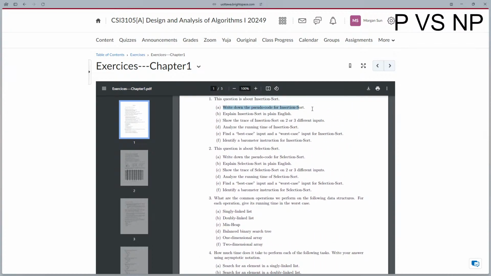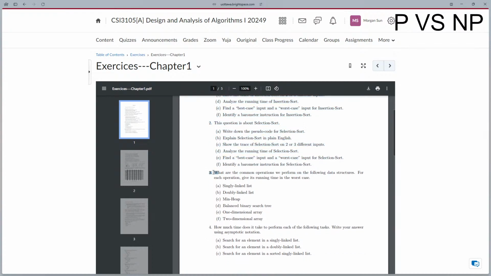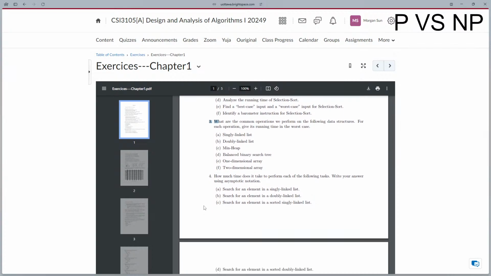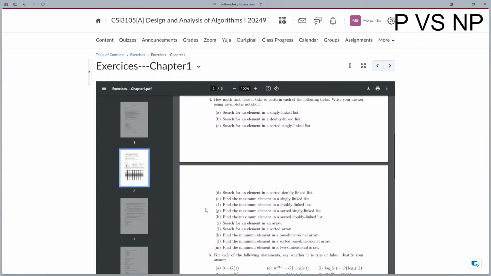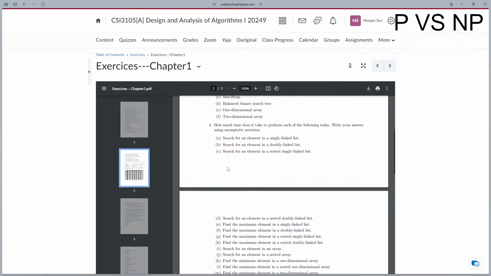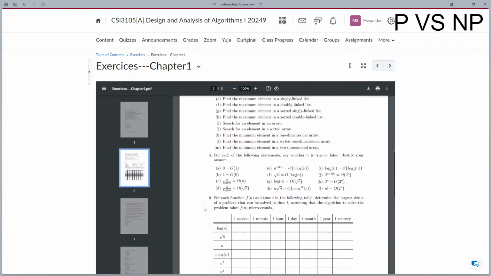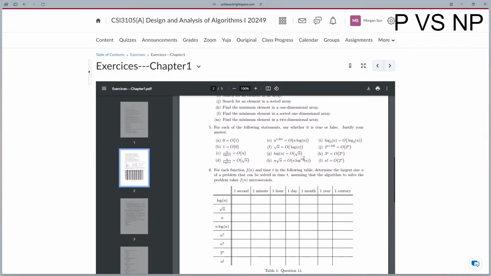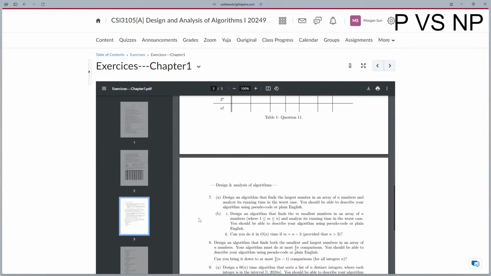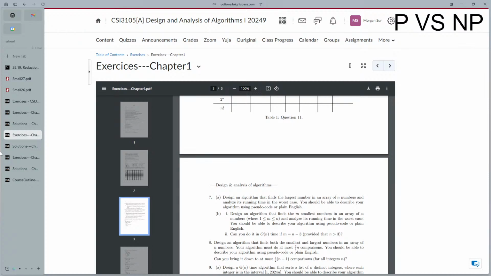I'm not writing down pseudocode for insertion sort. I think this is just plain stupid. I think I'll start with number 3, and then I could do number 4. That's fine. I think this is cool to do. I'm not going to do this. Okay, yeah, let's do chapter 1.